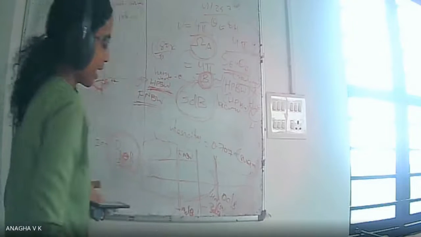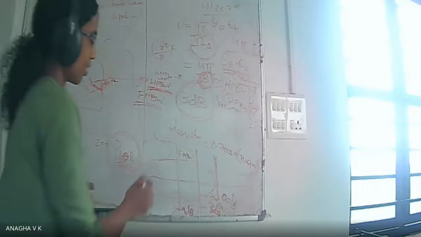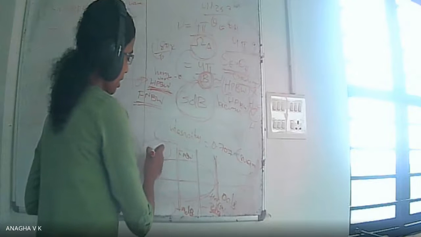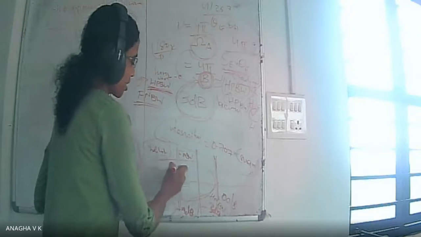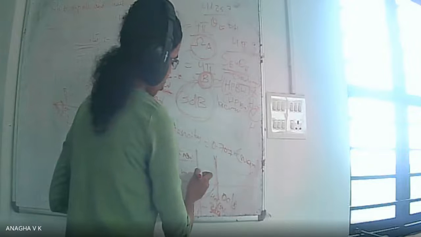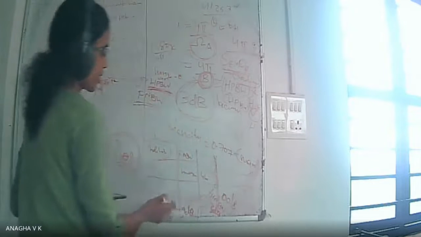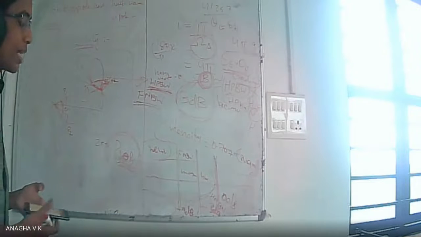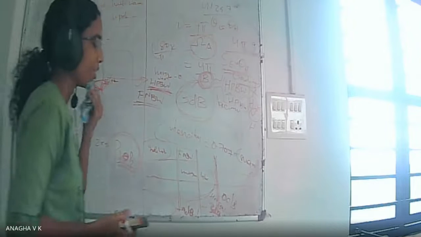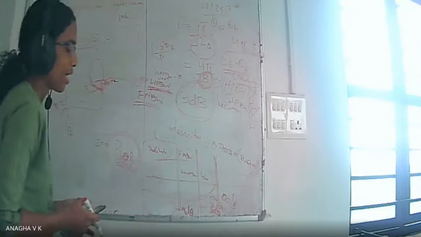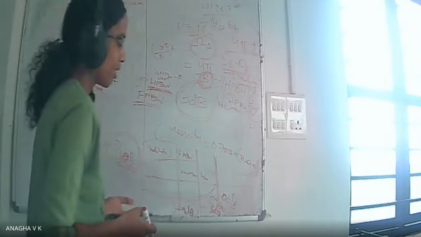So this is the side lobe and this is the major lobe. The major lobe has maximum intensity at 0 dB. So the first null beam width is at minus 10 dB and the half power beam width is at minus 3 dB, 3 dB down from the maximum power intensity.